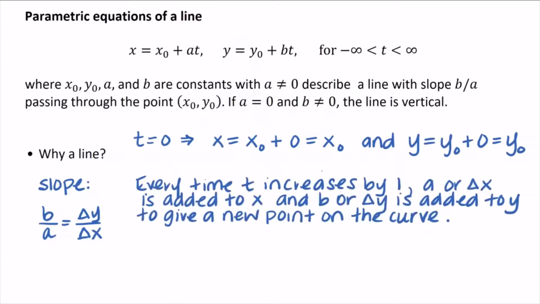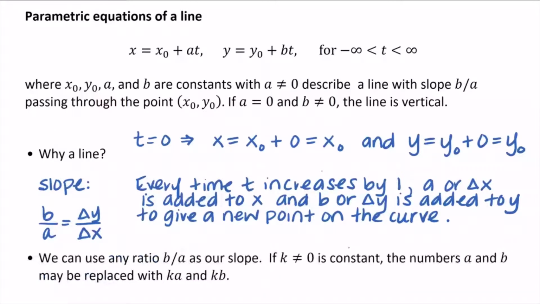Every time t increases by 1, a, or delta x, the change in x, is added to x, and b, or delta y, the change in y, is added to y, to give a new point on the curve. This is analogous to our definition of the slope of a line, and thus the resulting curve must also be a line.